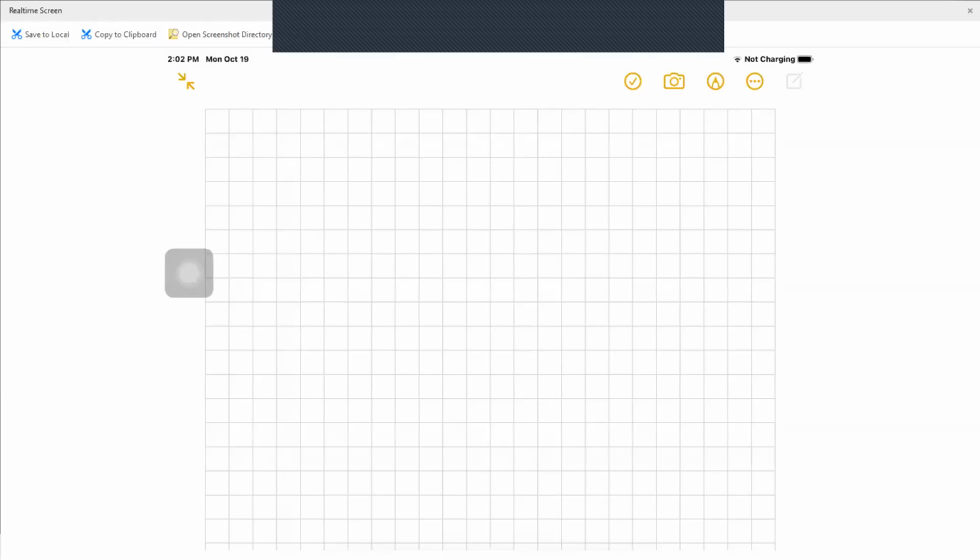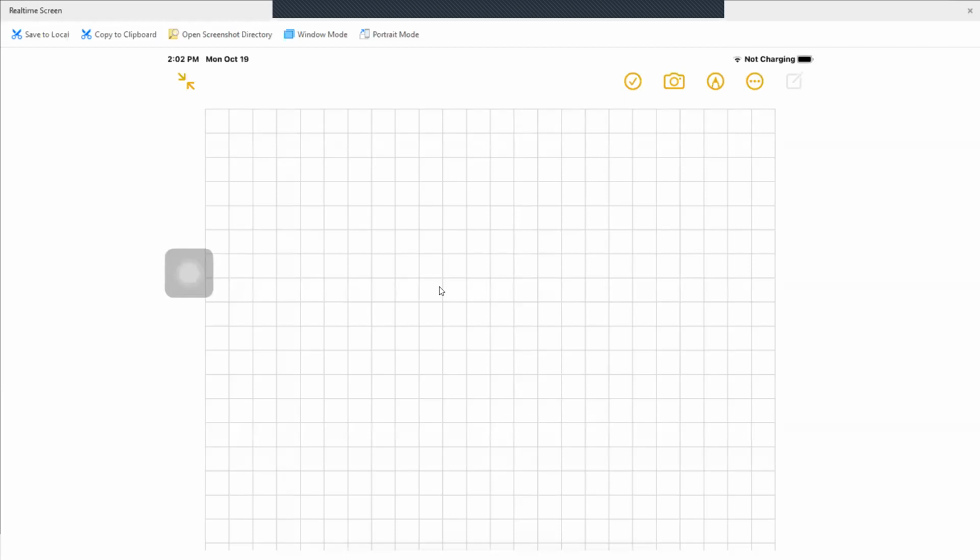Application. Landscape. Full screen. Okay. Well, share screen. Share. Hello.